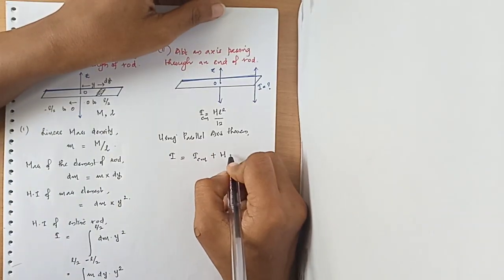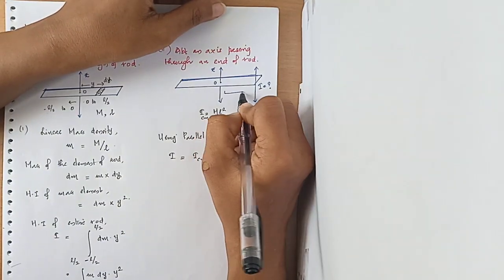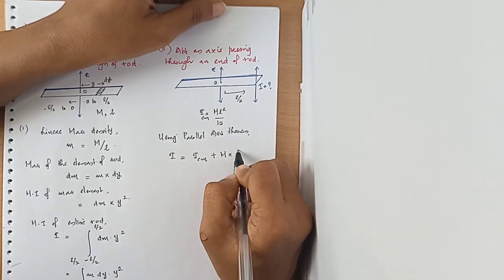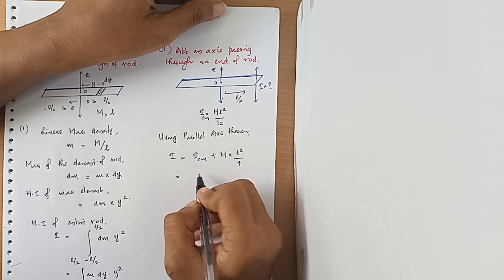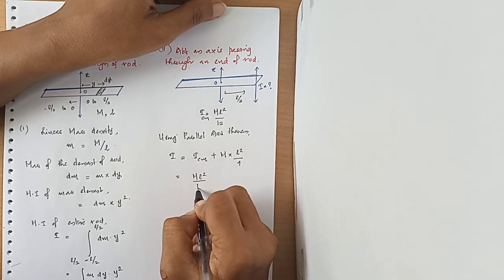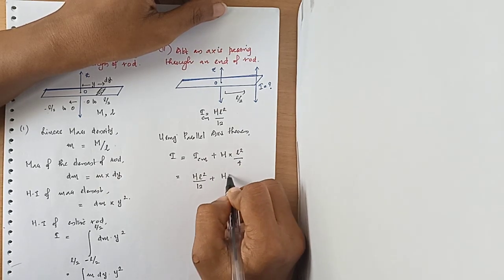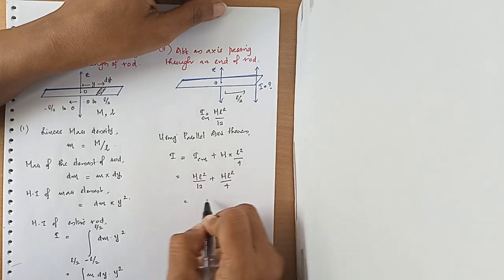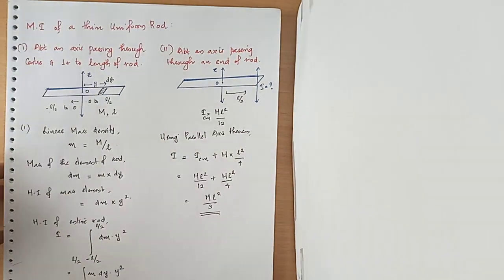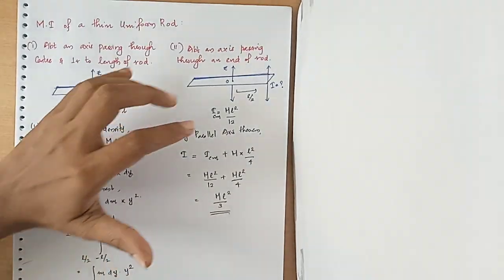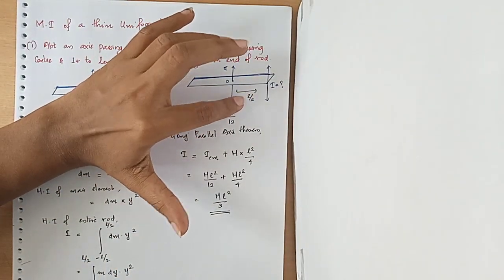Here the mass is capital M and the distance is L by 2, so you multiply L square by 4. Substituting for I CM, M L square by 12 plus M L square by 4, you will get M L square by 3, which gives the moment of inertia of this thin rod about either one of the ends of the rod.